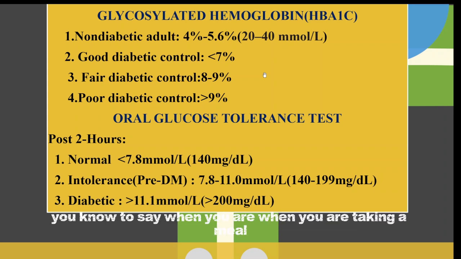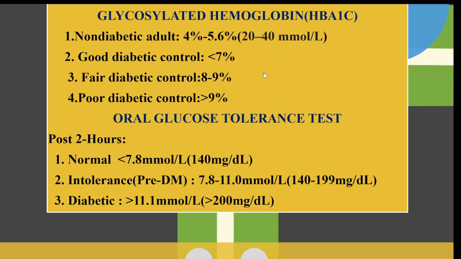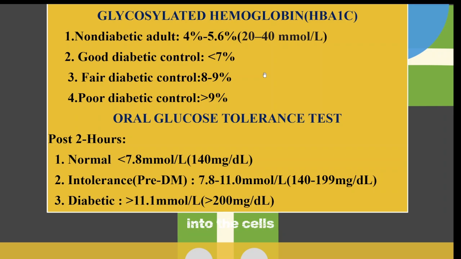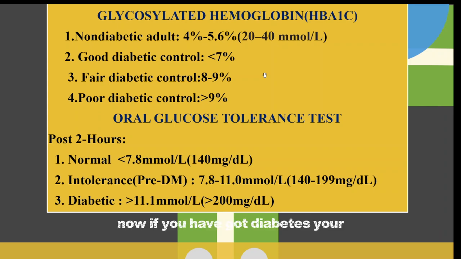When you are taking a meal, your insulin is supposed to be secreted from the beta cells of the pancreas. And what does that do to the blood glucose? The insulin is going to push all the blood glucose into the cells, for storage and, of course, for metabolism. Now, if you have got diabetes, your glucose is remaining in the blood.